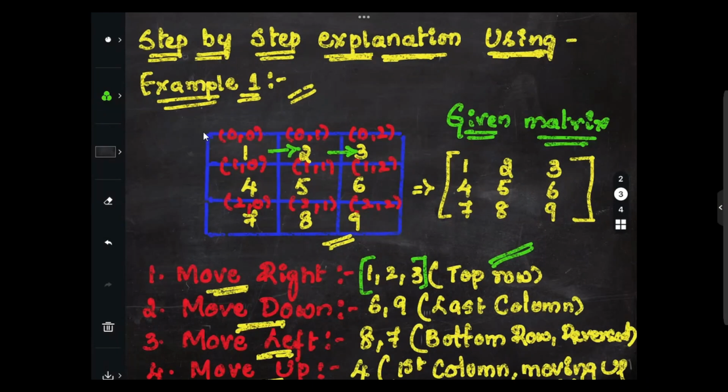So first 1 2 3, next we move down: 3 to 6 and 6 to 9, nothing but the last column. This is covered. Next, move left, 9 to 8 and 8 to 7.